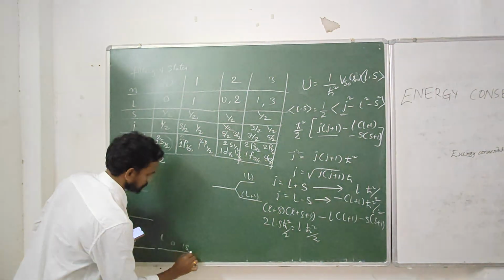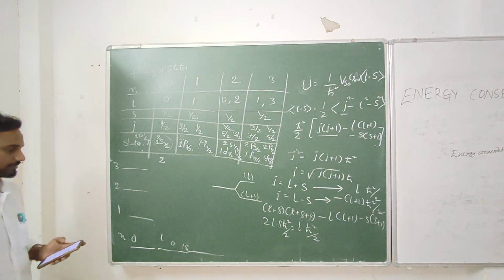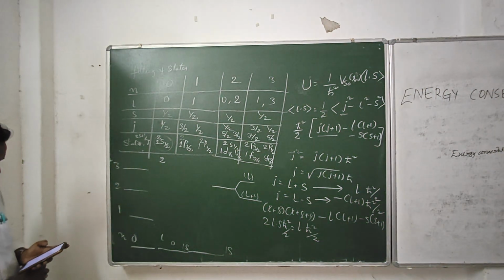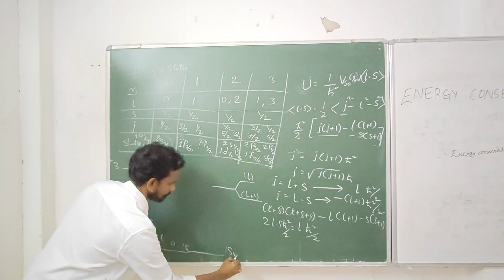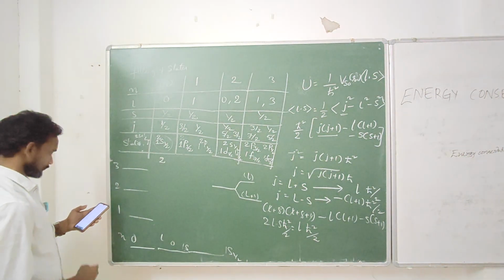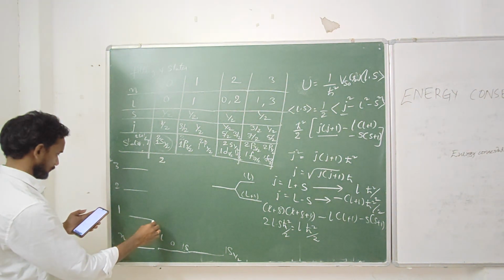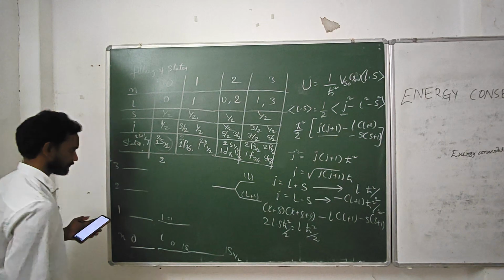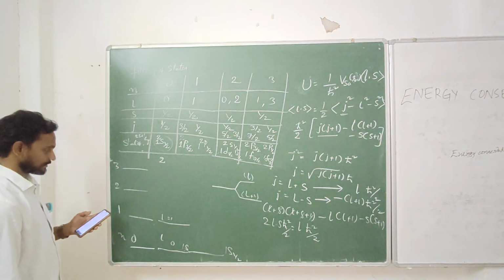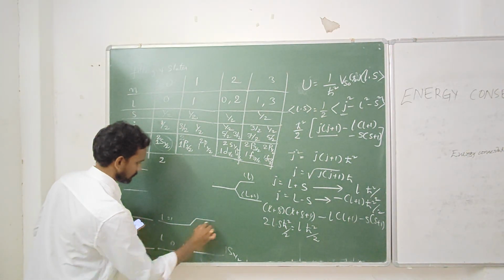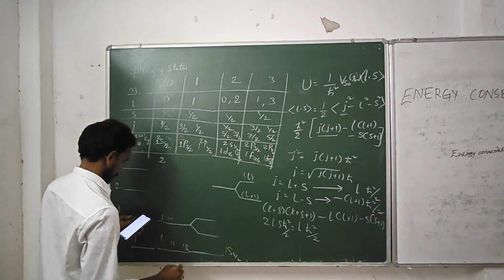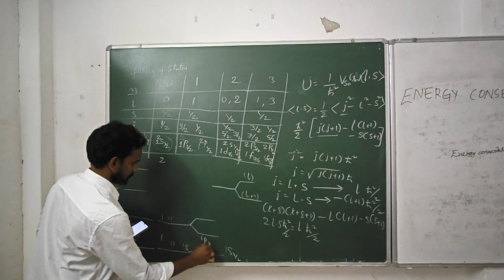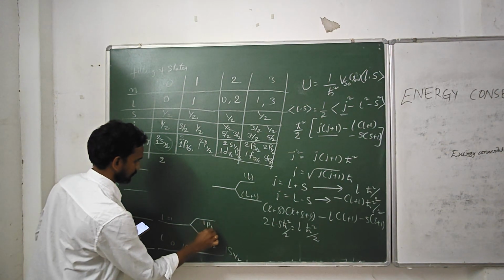So the energy level remains as it is, 1s. So that becomes 1s half. Next one, n is 1, so L is also 1. So that becomes 1p 3 by 2 and 1p half.